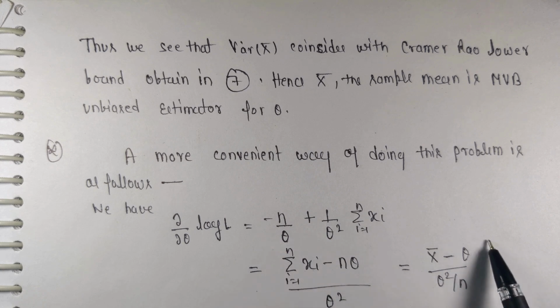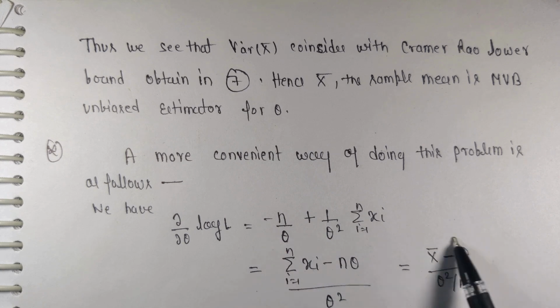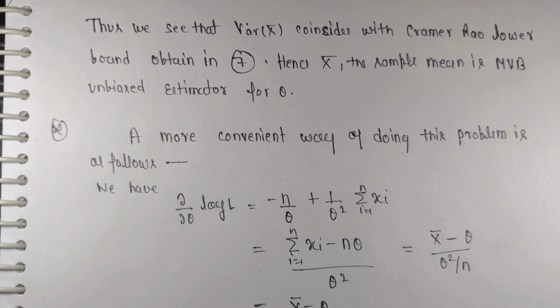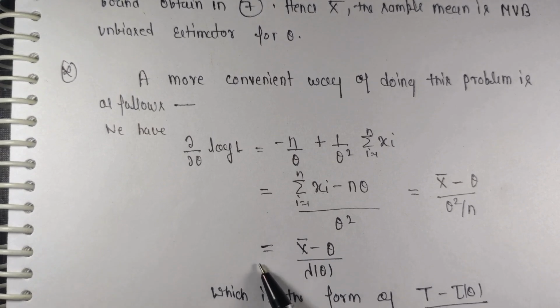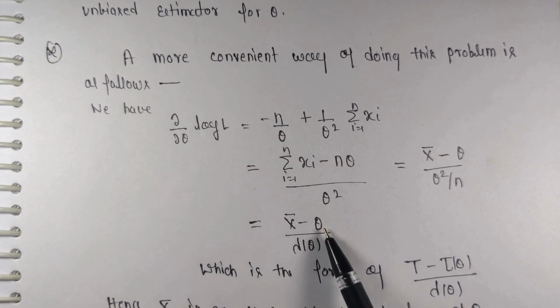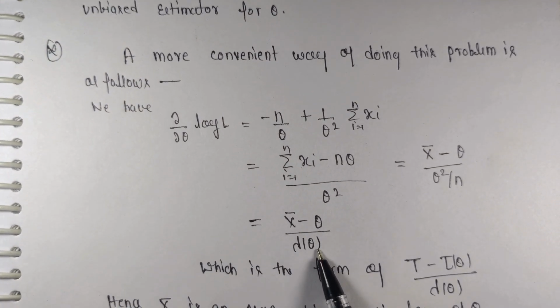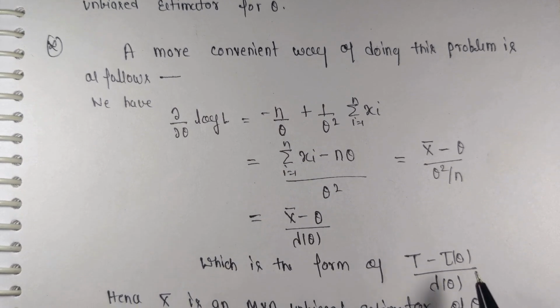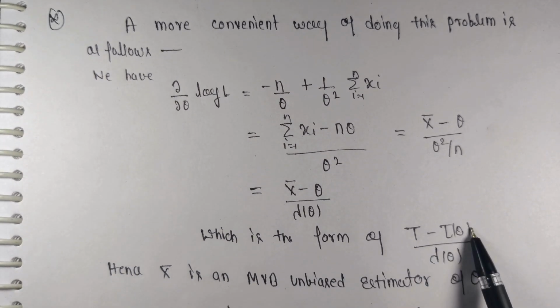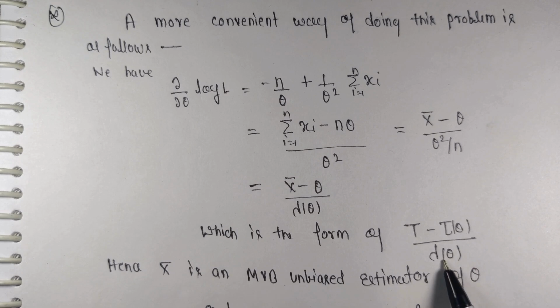Simplifying it, we get x bar minus theta upon theta square by n, and then we can rewrite this as x bar minus theta upon lambda(theta), which is of the form t minus tau(theta) upon lambda(theta), which I mentioned in my previous lecture.